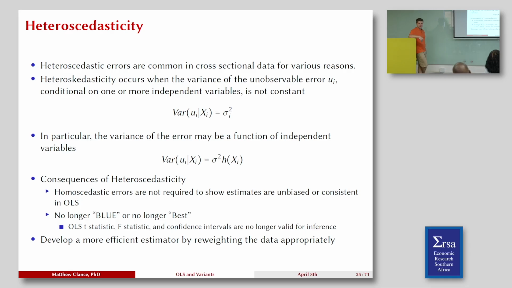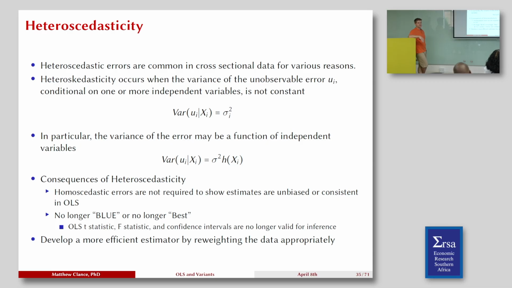If you're telling somebody your results, this is the effect, this is the significance, and I can say it with some confidence, well, if there are heteroscedastic errors, there is no confidence in that because the standard errors are no longer correct. That's why we need to reweight our outcomes.